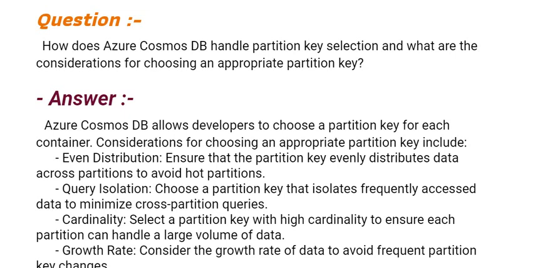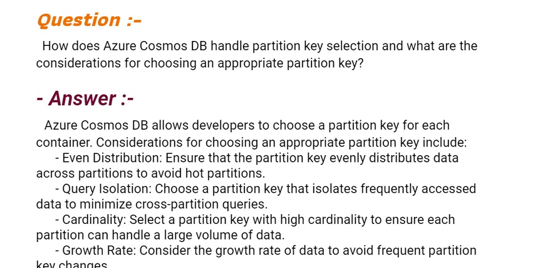Considerations for choosing an appropriate partition key include: the first one is even distribution. Ensure that the partition key evenly distributes data across partitions to avoid hot partitions. The second one is query isolation. Choose a partition key that isolates frequently accessed data to minimize cross-partition queries.